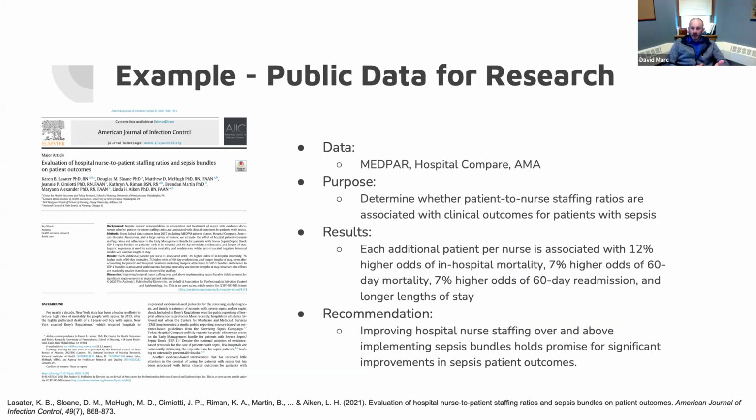And so they used this public data to make some recommendations on how to staff nursing, and also implementing that staffing, what it should be relative to sepsis protocols for improving sepsis patient outcomes. So that's one example of how public data was used in research.